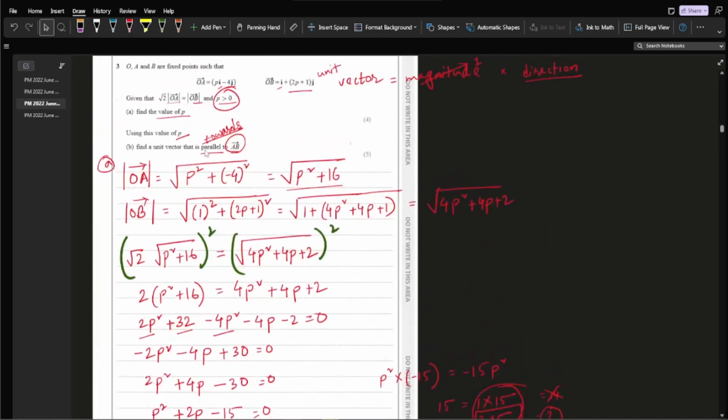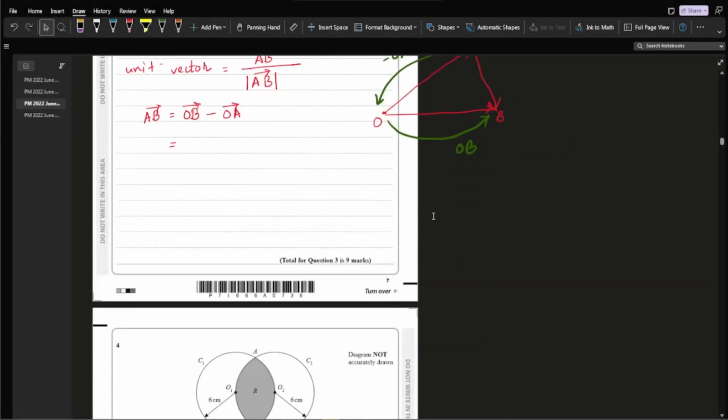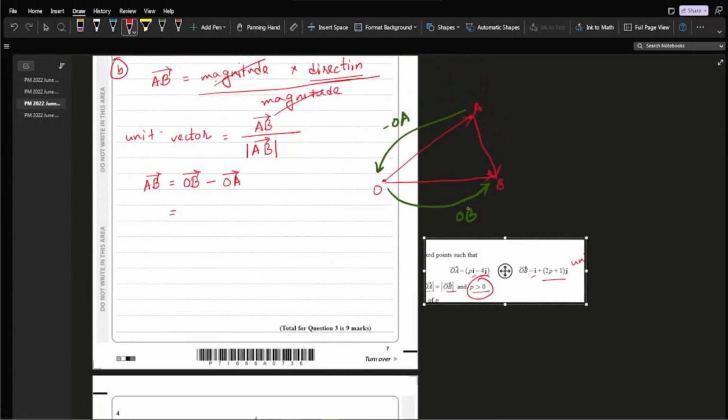So OB is I plus 2P plus 1 into J. Let me write it down. I plus (2P plus 1)J minus (PI minus 4J).